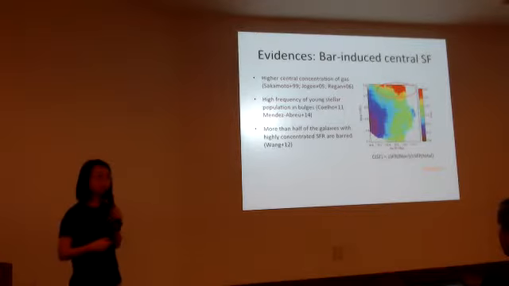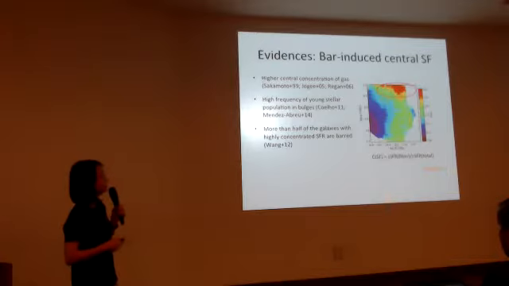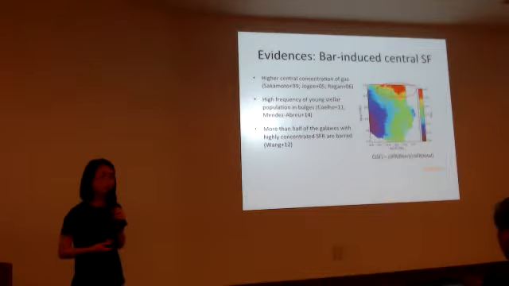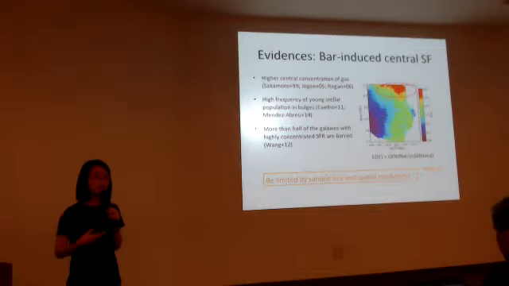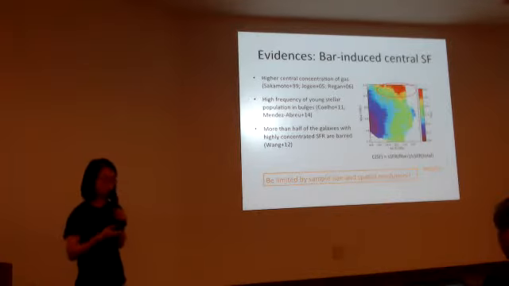Most of them are from results of the SDSS survey, and some of them are limited by sample size. That is why we need a large-sample IFU survey, so we can know detailed things to study the correlation between bar and bulge.